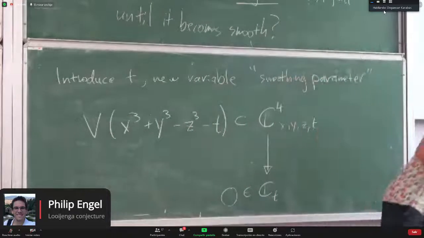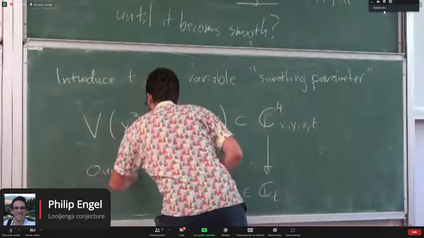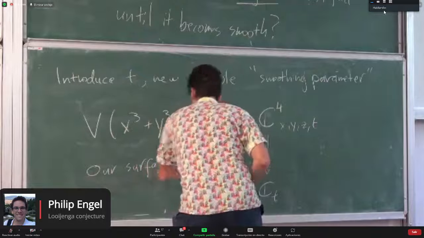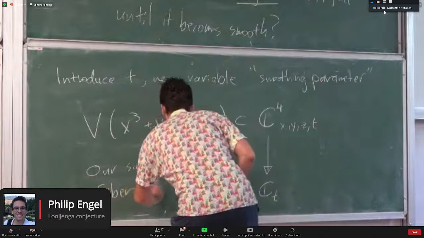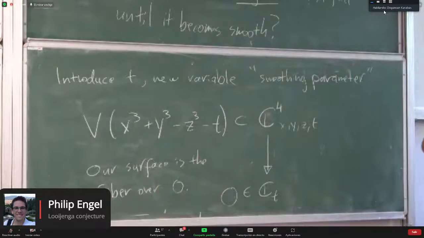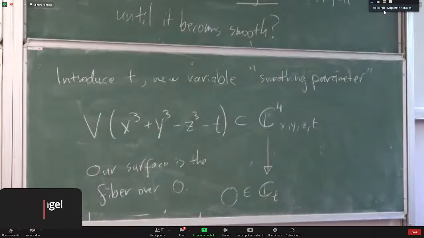So our surface is the fiber over 0. And now let's consider the fiber over some nearby point, which is not 0.